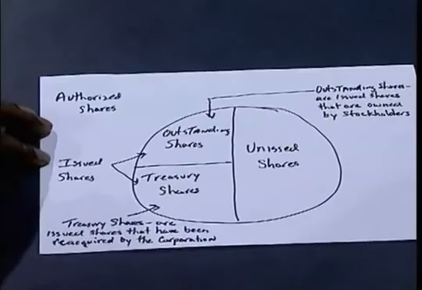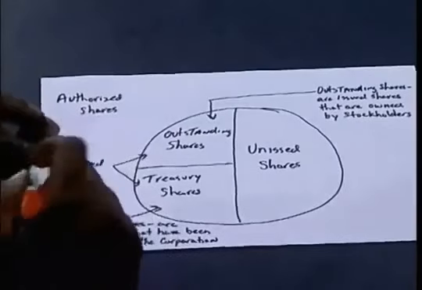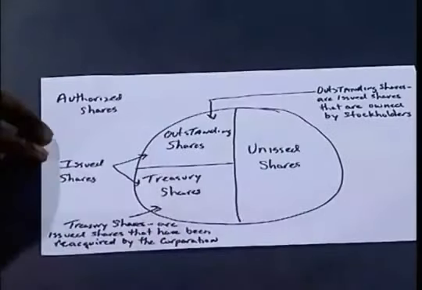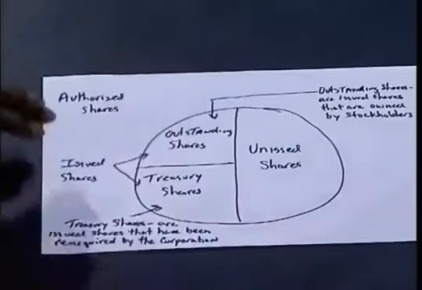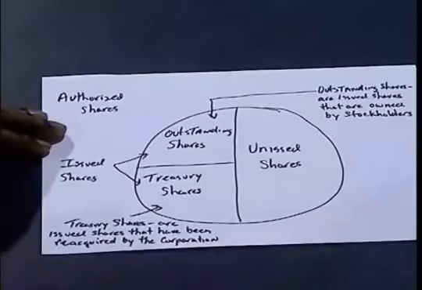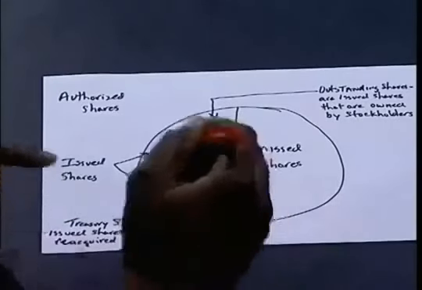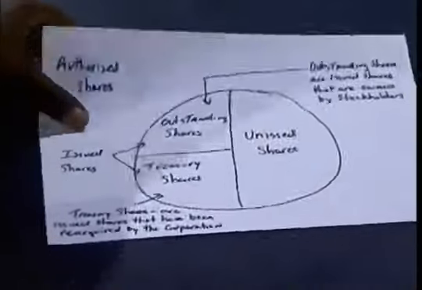Of course, we already talked about the unissued shares. That is, once you issue shares, they become outstanding. When the company decides to buy them back, because the company can repurchase the shares, they become what they call treasury shares. They're no longer outstanding, but they're issued, and they call them treasury shares.